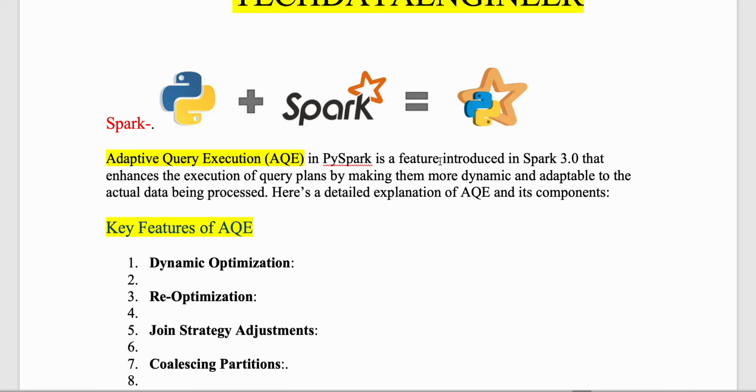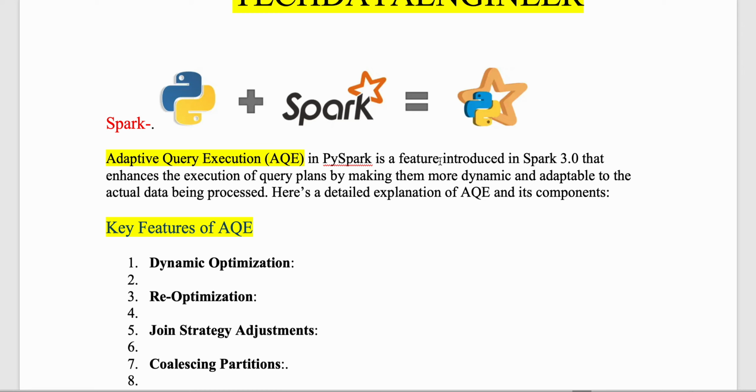It takes the data at runtime and collects all the statistics, instead of relying on a static query plan. There are two phases: the initial compilation time, where it stores the statistics, and runtime, where Spark can adjust the plan based on the data statistics collected during runtime.